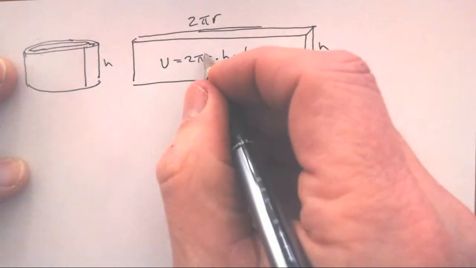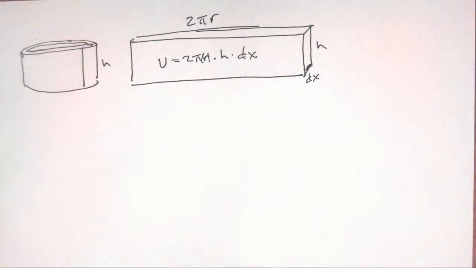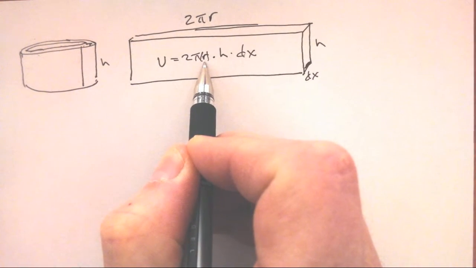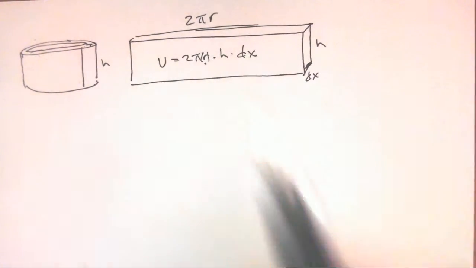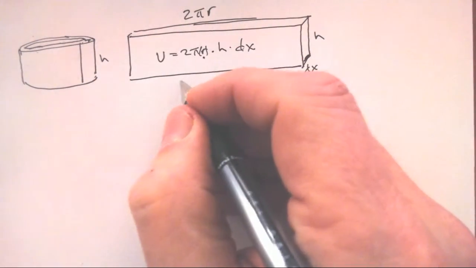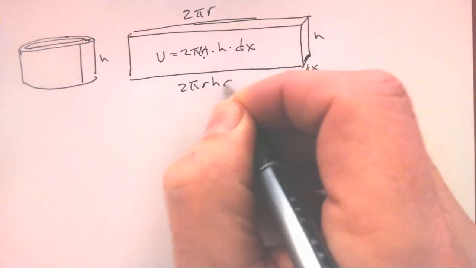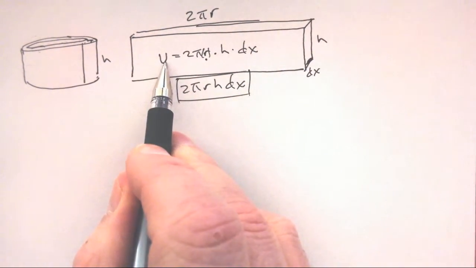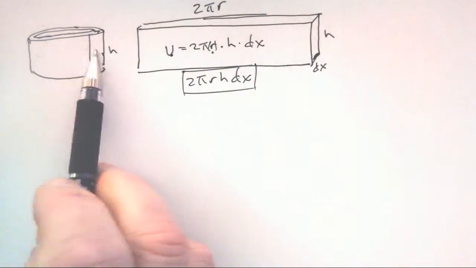And unless we're revolving around something other than the axis, there's a very good chance r is just going to become x for us. But you'll see what we're doing with that. So this 2 pi r h dx is a real player for us. That's going to be the individual volume, then we're going to add the volumes of all of those shell casings together.